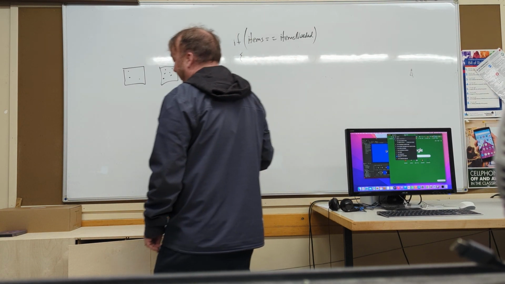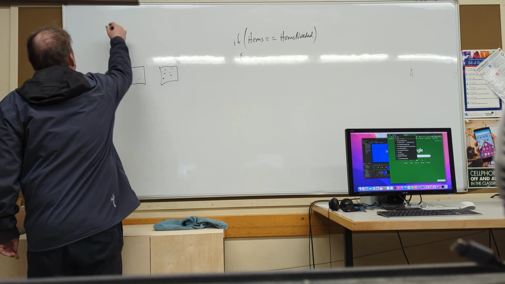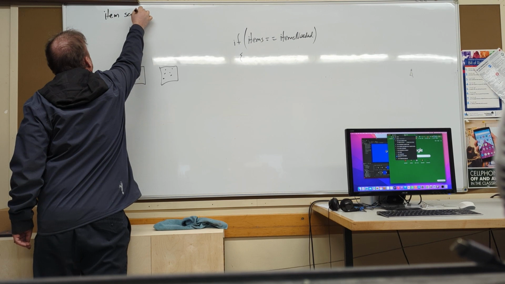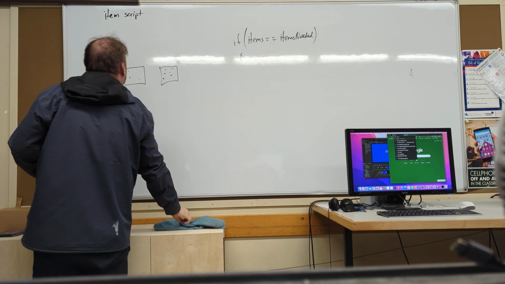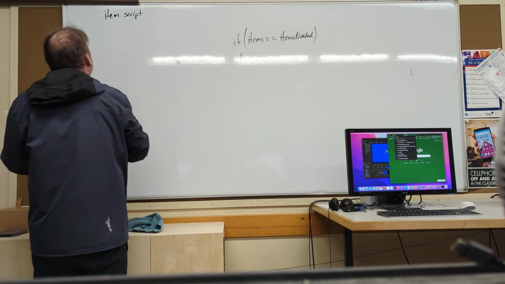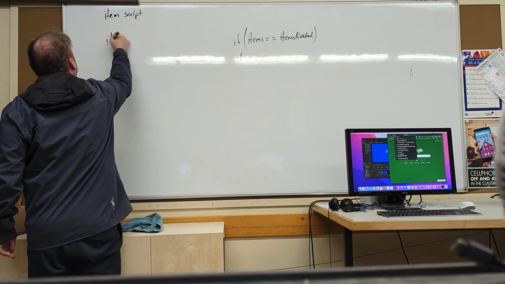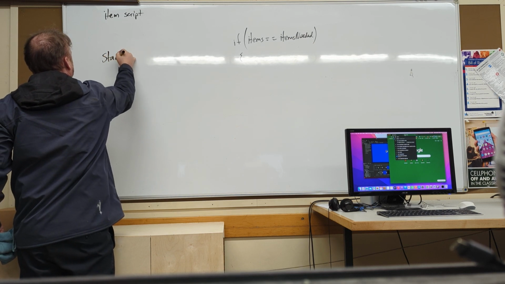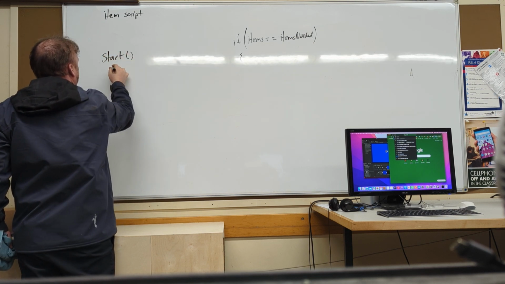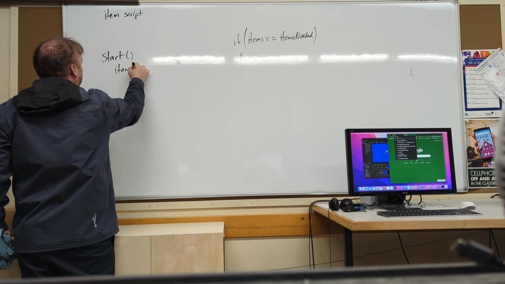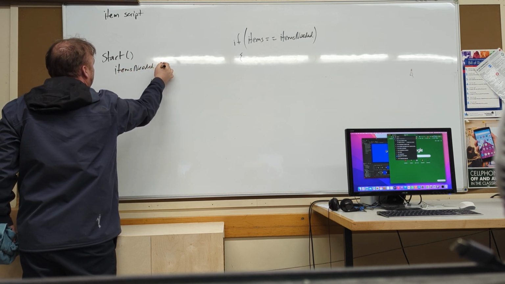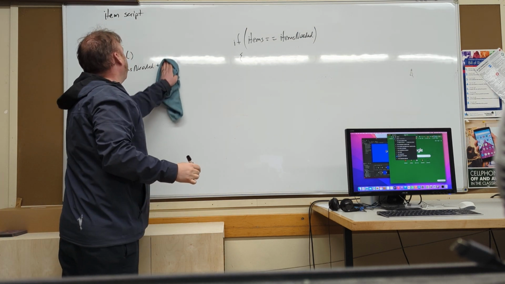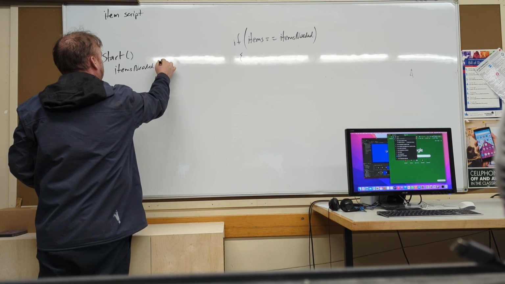Yeah. So what we can do is in the item script, inside of start, we can say items needed plus plus, or plus equals 1, or whatever your favorite way of writing that exact same sentence is.